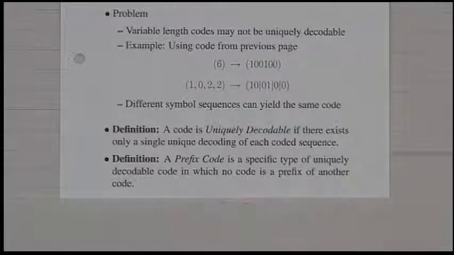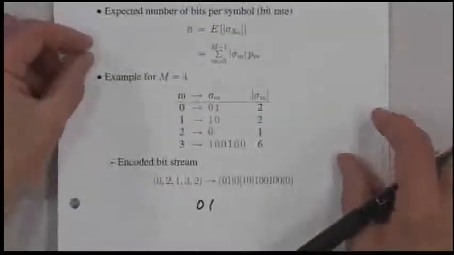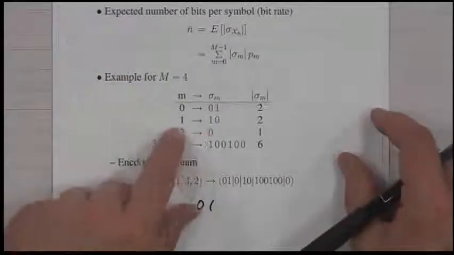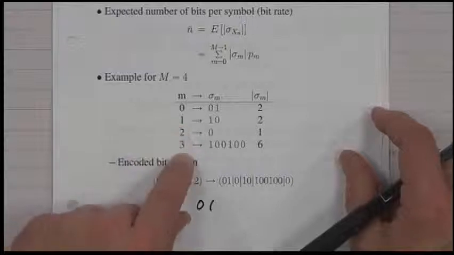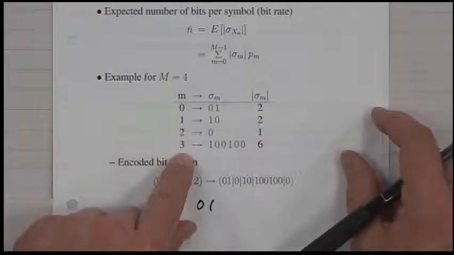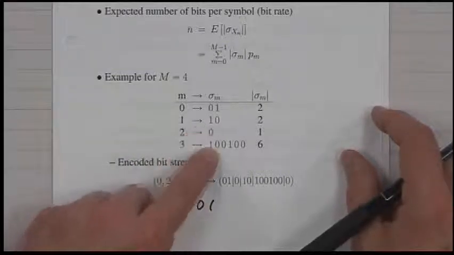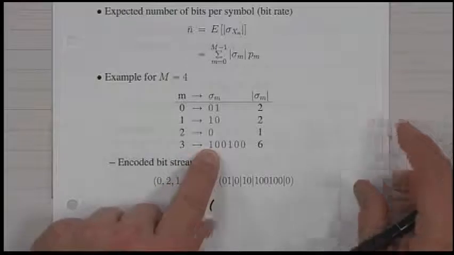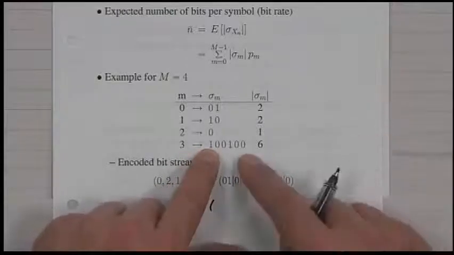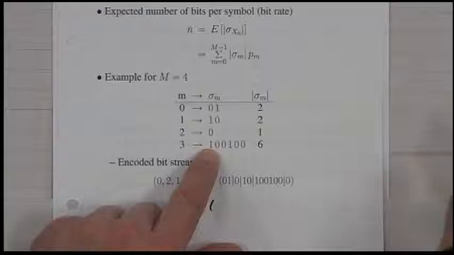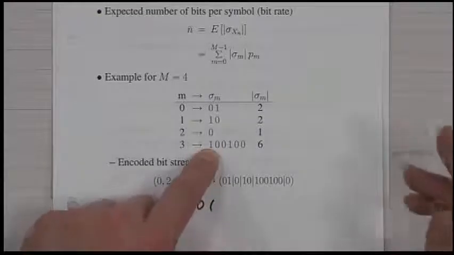So the example I gave you is not a prefix code, and that's where you run into the trouble. It's not a prefix code because 1 is a prefix for 3. The sequence 1, 0 occurs here for 3.